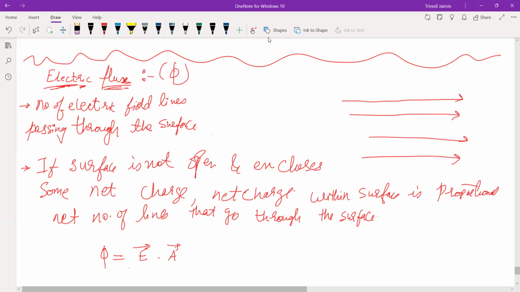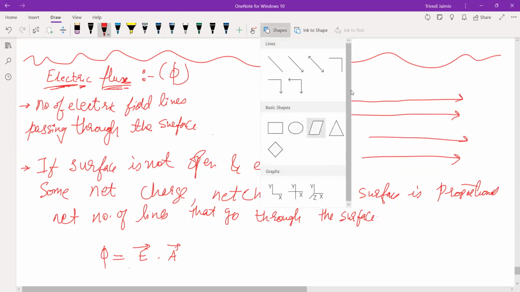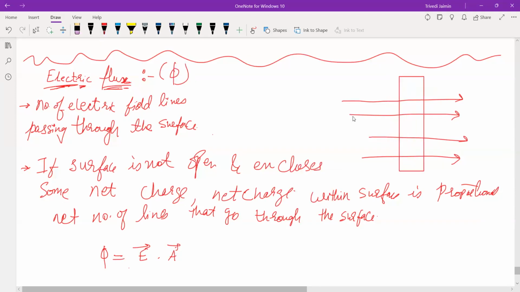Now I have drawn this one straight, but actually if I draw it like this, whatever angle it makes with this one, that is angle theta.